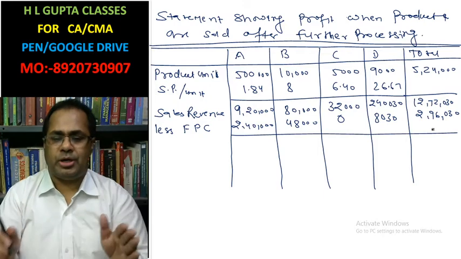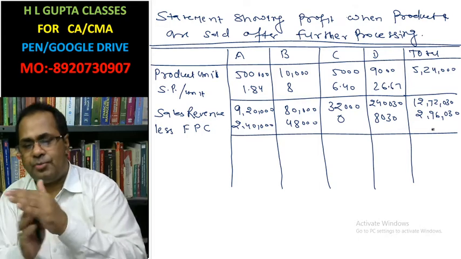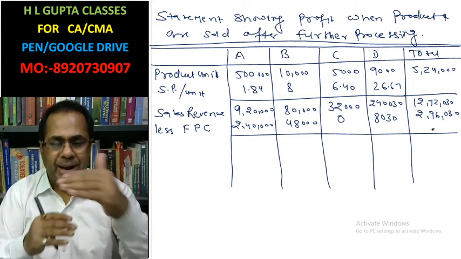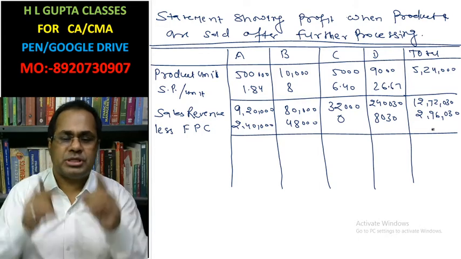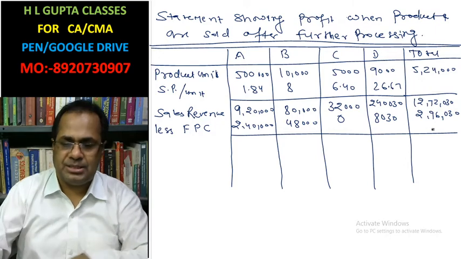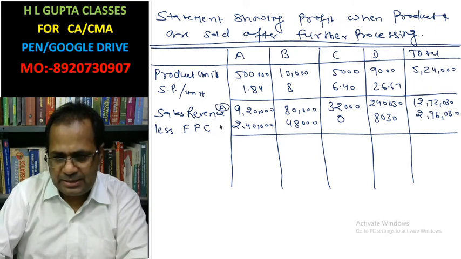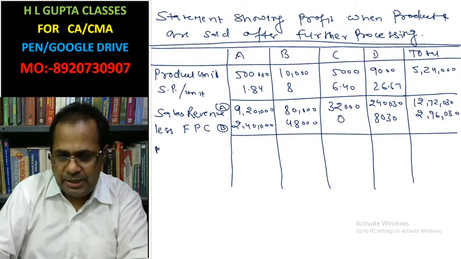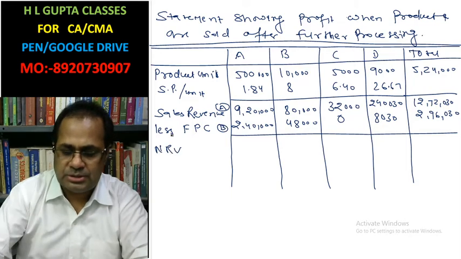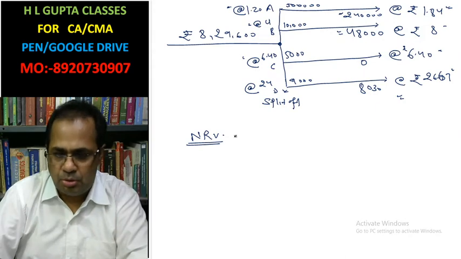Okay, look at it. Sales after further processing minus further processing cost is called net realizable value.